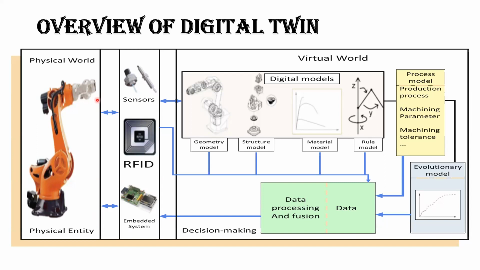So what will you do with this value? You take that value and send it to the digital twin. This digital twin, basically the digital replica, is now equipped with the real-time data coming from its own physical object.